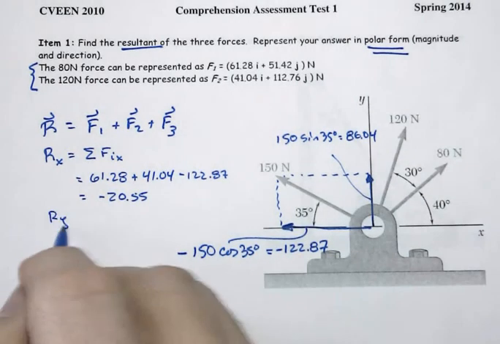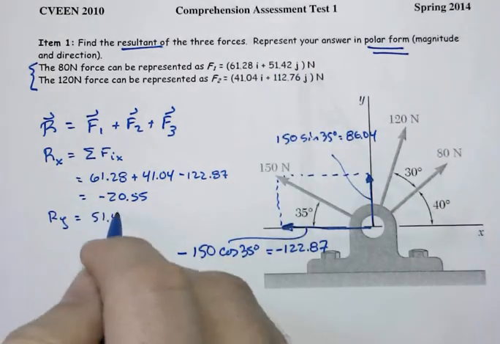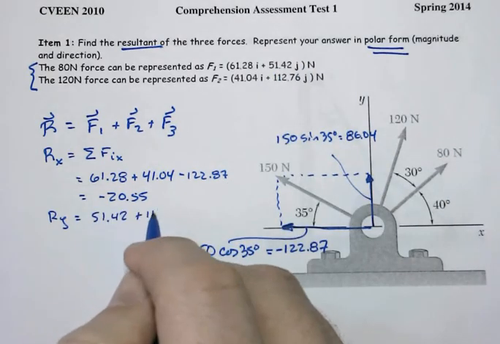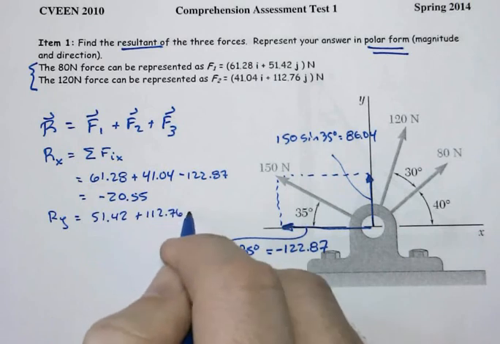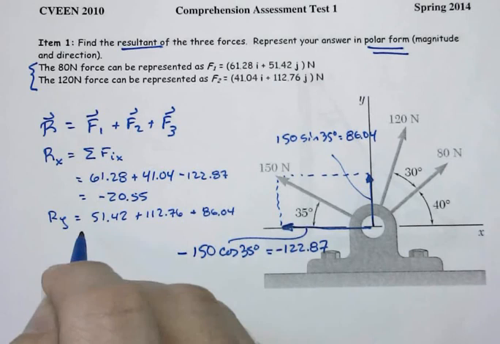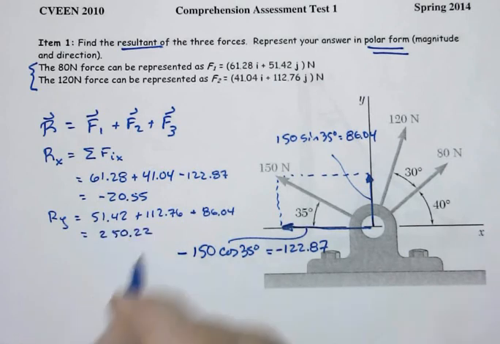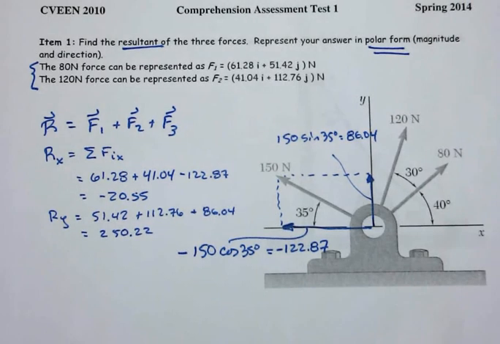Similarly, the Ry component then will be the 51.42 from the first plus 112.76 from the second plus 86.04 from the third, leaving a net of 250.22 for the y component.